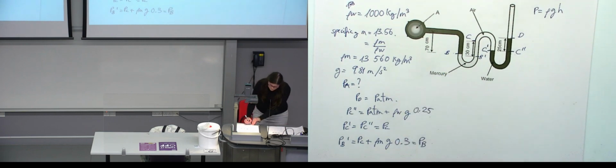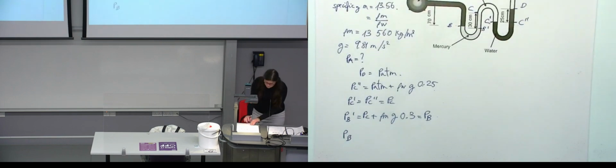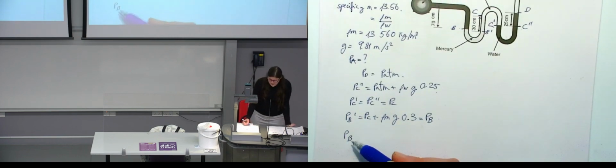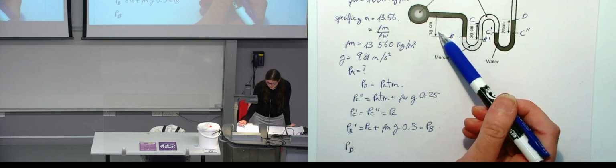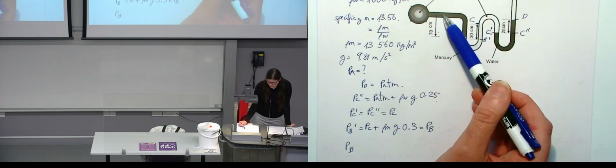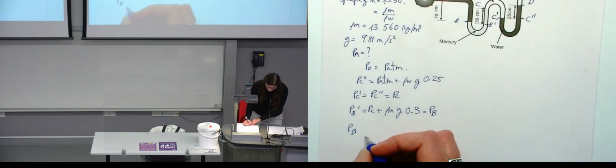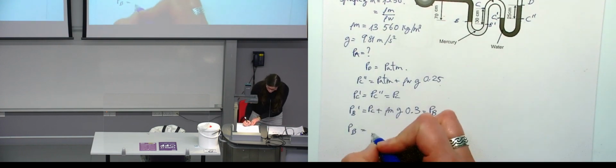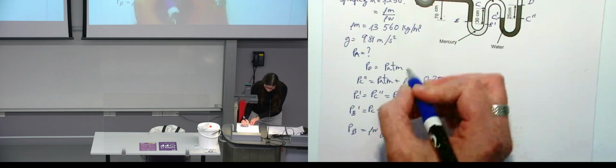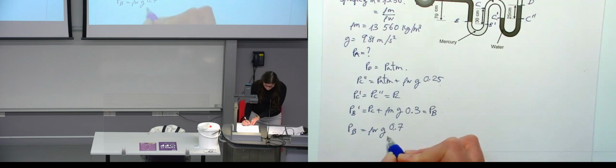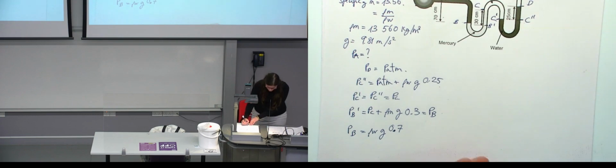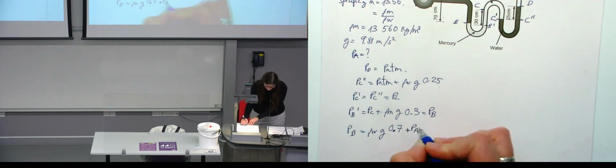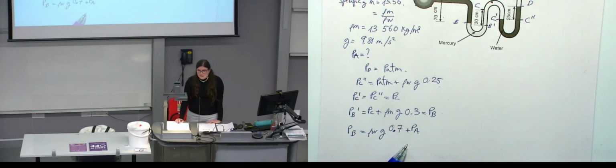If we look at PB, it has these 70 centimeters of water on top, and then that is the height of A. So the pressure at B is also the density of water multiplied by gravity multiplied by 0.7 plus the pressure at A, which is what we want to know.